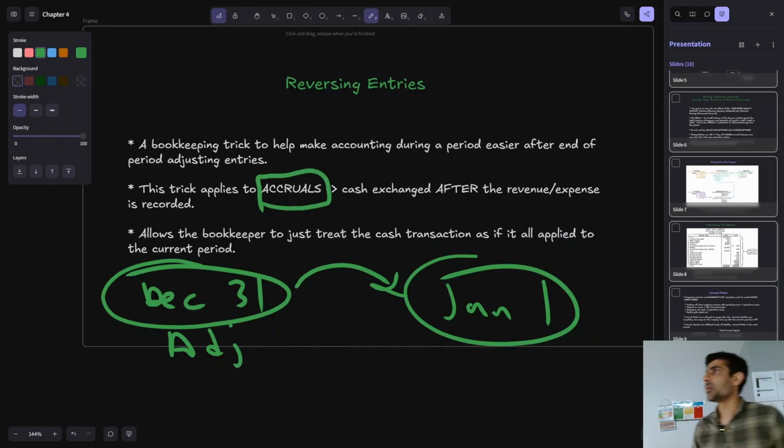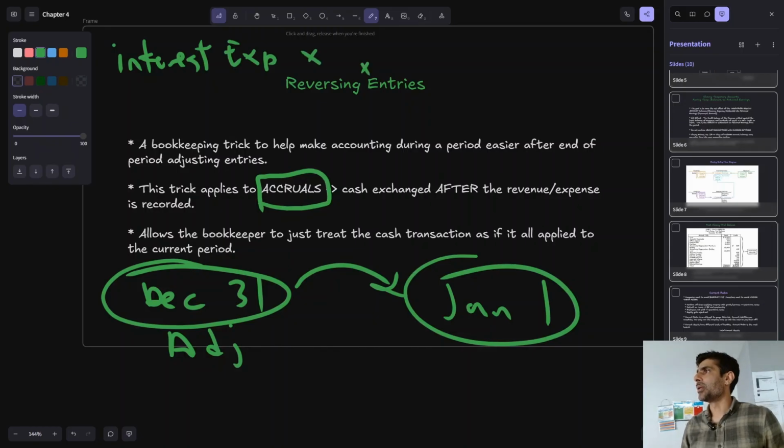So what are accruals? What's the difference? Does anyone remember? Cash after. Okay, so this will be for things like interest, where interest expense was our debit, and our credit was interest payable.